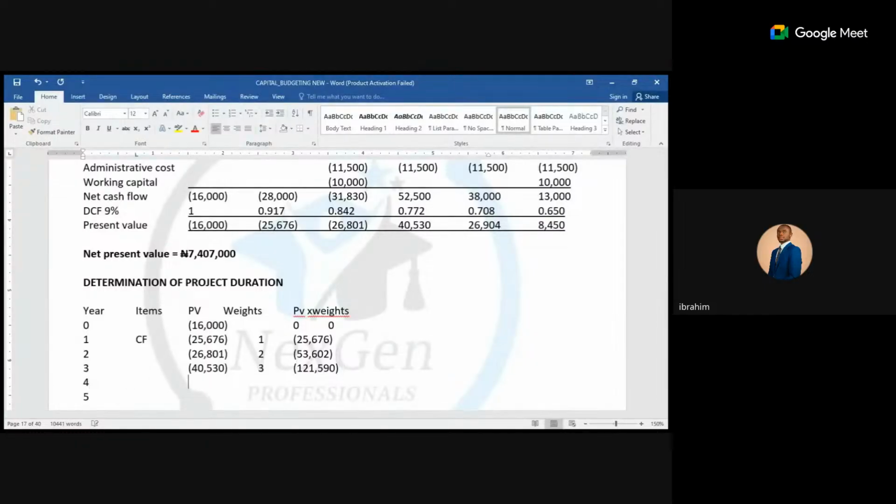Year 4. What do we have? Oh, it's not negative, it's positive. That 121 is positive too. Okay, that's fine. Thank you. This is 26, times 4.